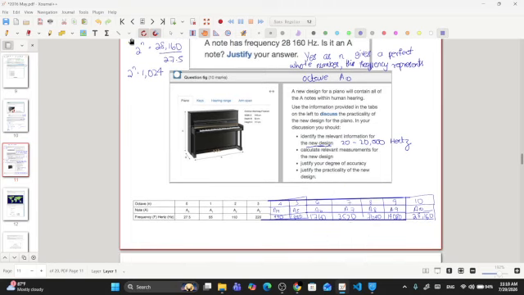Justify your degree of accuracy and the practicality of the new design. All right, think about it like this. You see, these extra octaves, they are required. But when they are going to be present on a specific piano, what are they going to do?